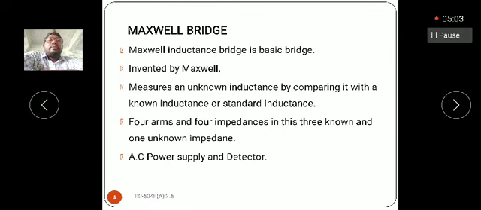The name itself comes from the scientist Maxwell. We also discussed this scientist in electromagnetic theory, the four Maxwell's equations.